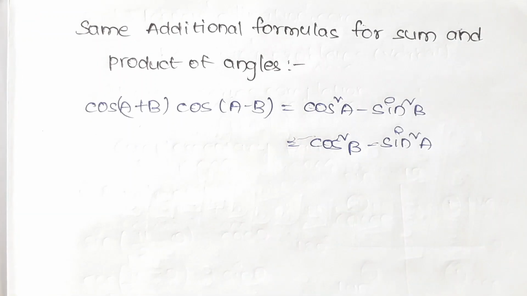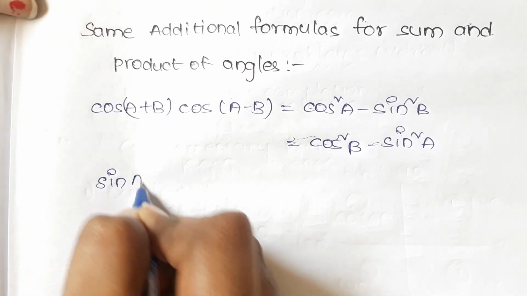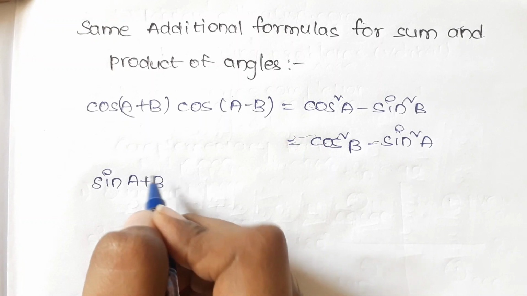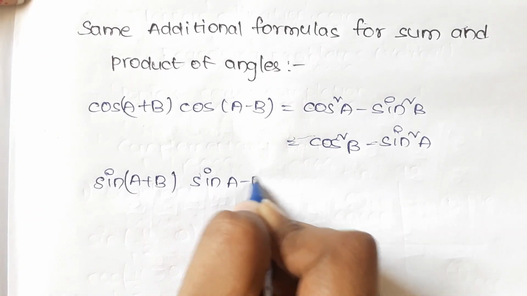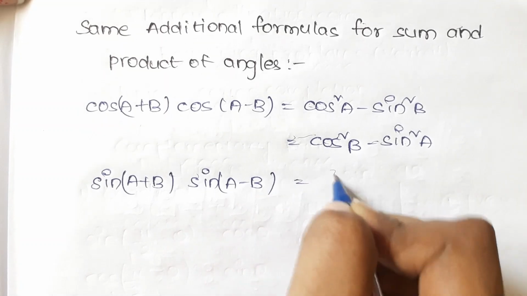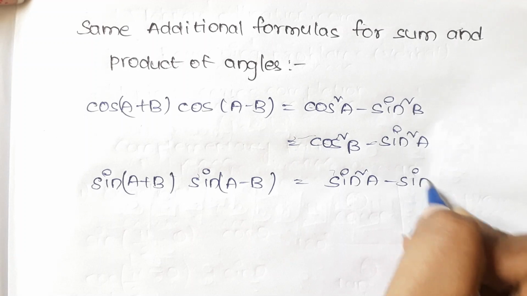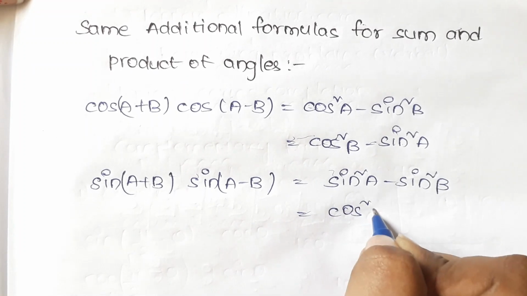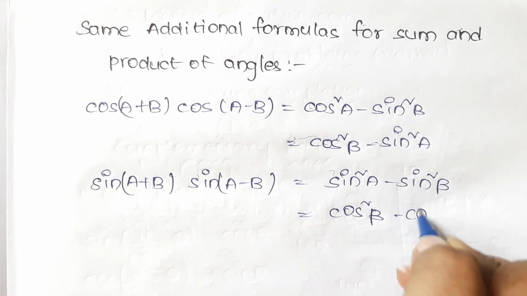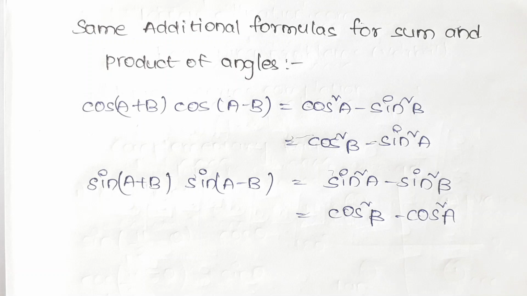And similarly sin(a plus b) into sin(a minus b) is sin square a minus sin square b, or cos square b minus cos square a.